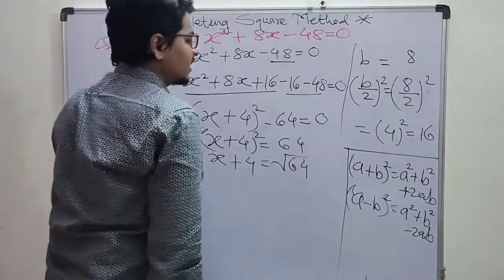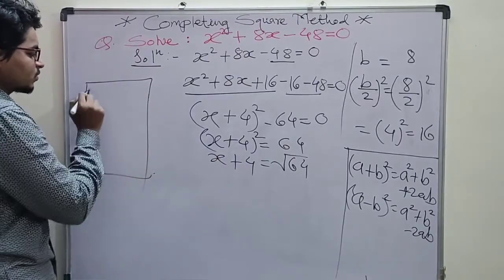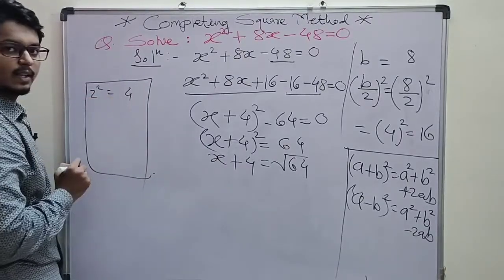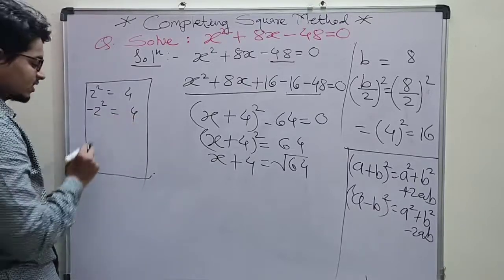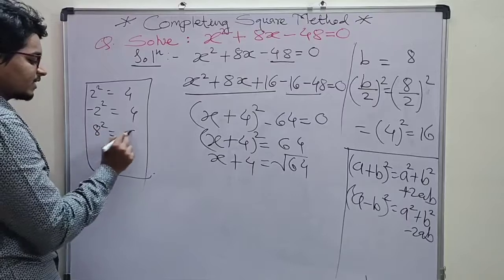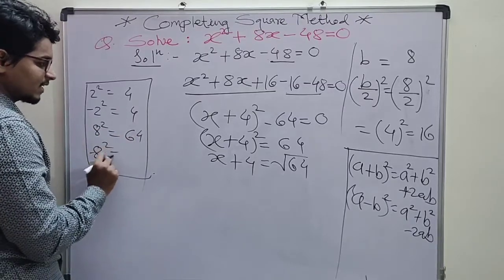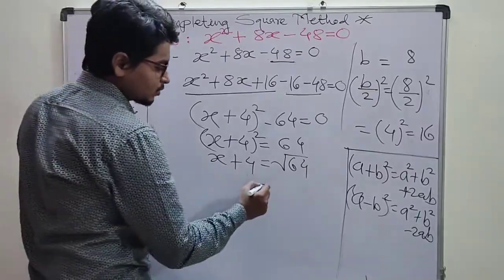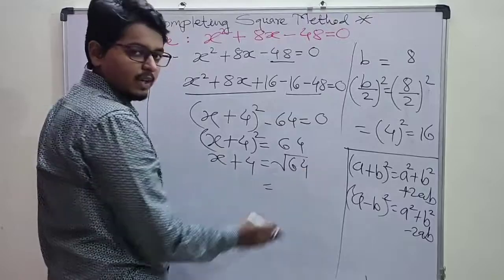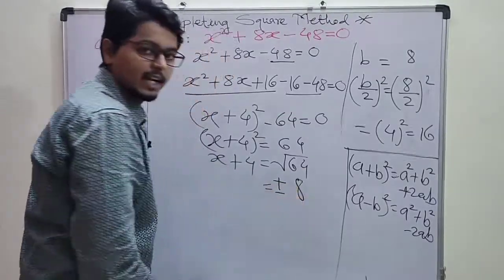And one more thing is that the square of 2 is 4, and the square of minus 2 is again 4. Similarly, the square of 8 is 64 and the square of minus 8 is again 64. That means we are getting two solutions here. When we take the square root of 64, we get plus and minus 8.